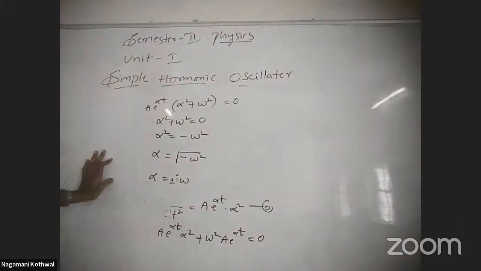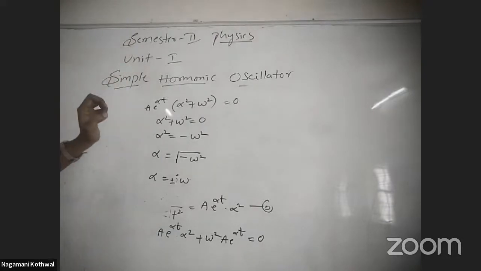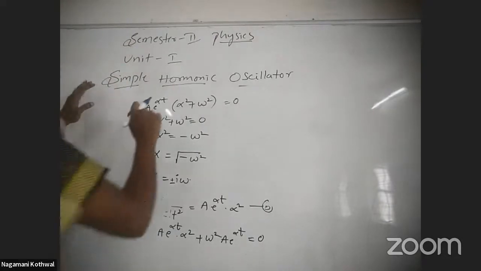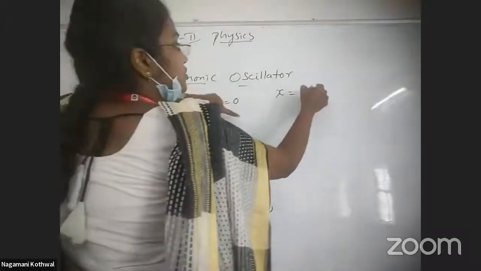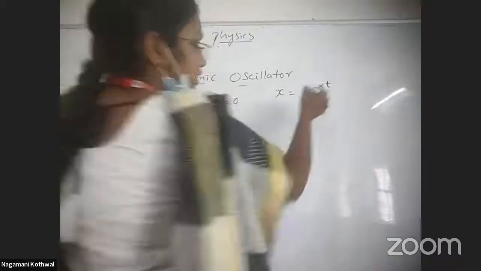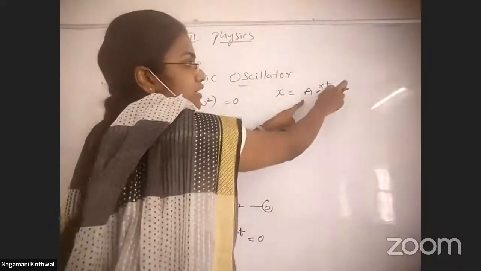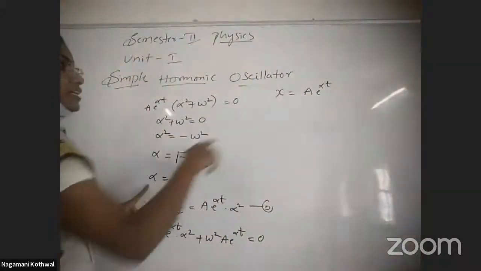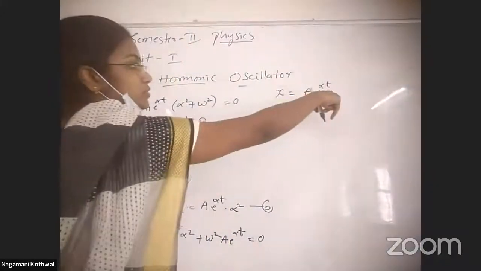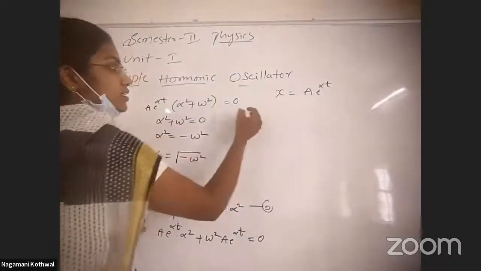Then what you have to do is take this alpha and substitute in the first equation. We assumed x is equal to a e raised to alpha t. Take this x and this alpha and substitute. So what will you get?